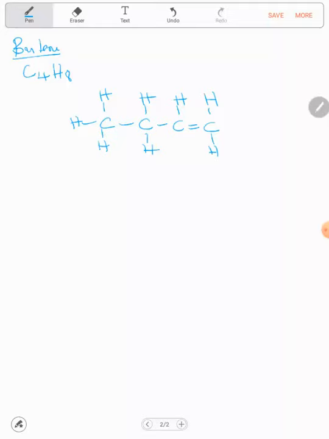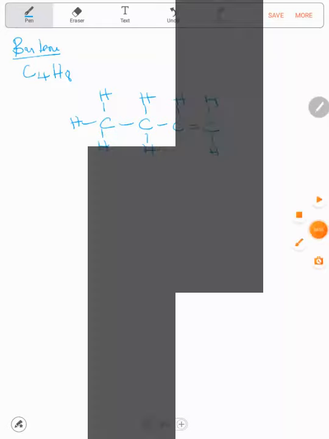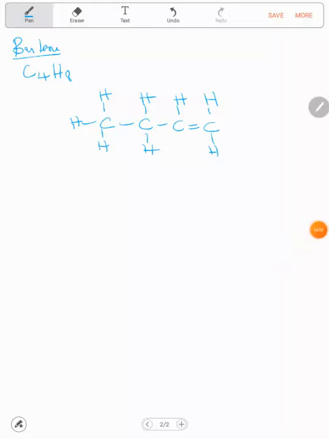Now when it comes to isomerism, like I said earlier, isomerism is just like drawing another form of the same hydrocarbon, with a different arrangement of atoms but having the same formula. So we have to draw another form of this hydrocarbon. For example, let me start from butene.